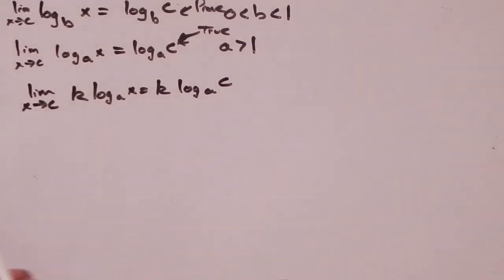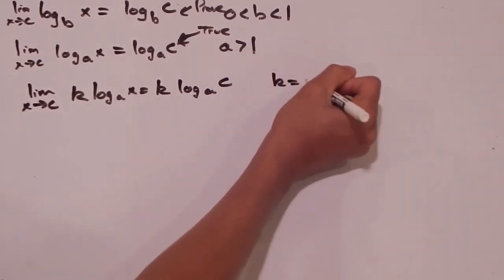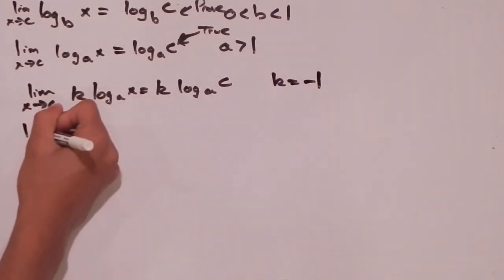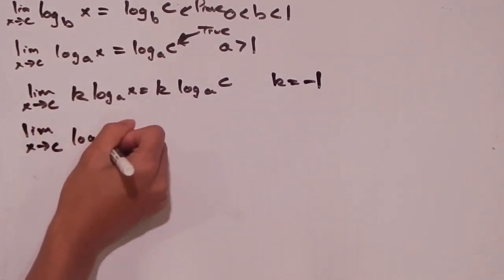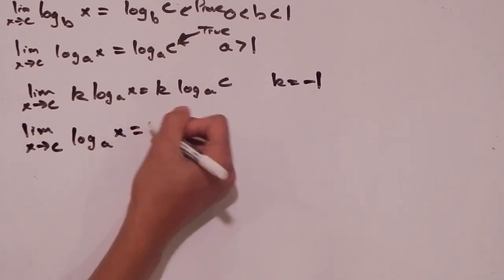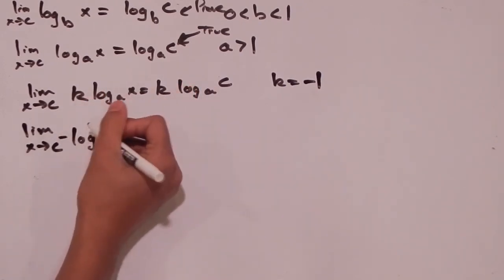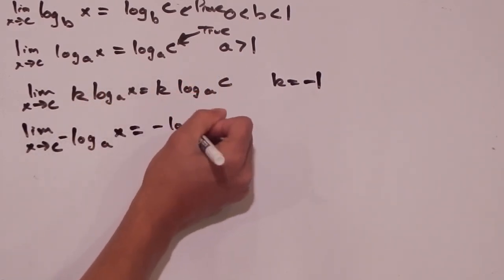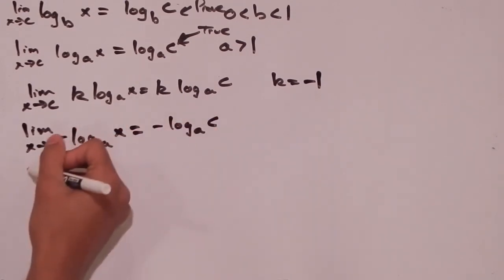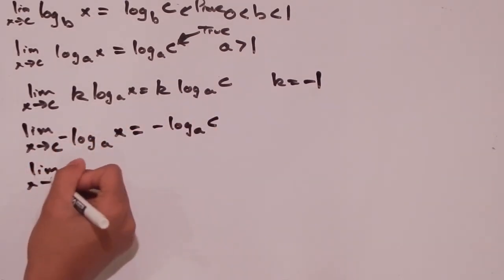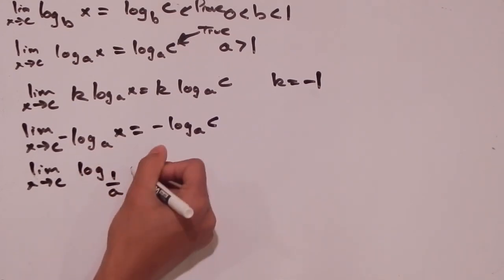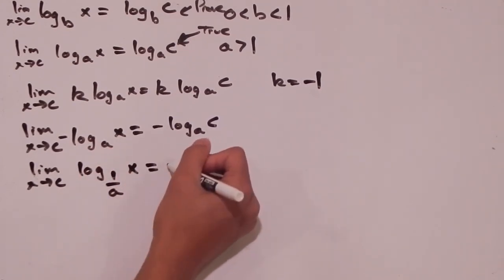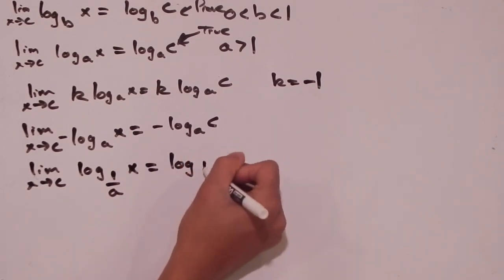And we're going to say k equals -1. Here's what happens. We get the limit as x approaches c of negative log base a of x is equal to negative log base a of c. And with our log properties, we can rewrite this as log base 1 over a of x is equal to log base 1 over a of c.